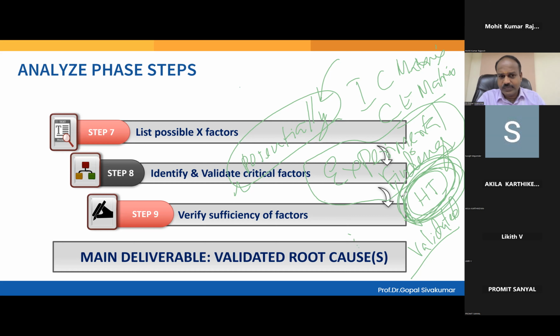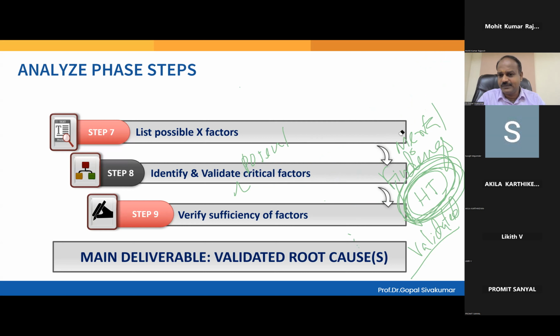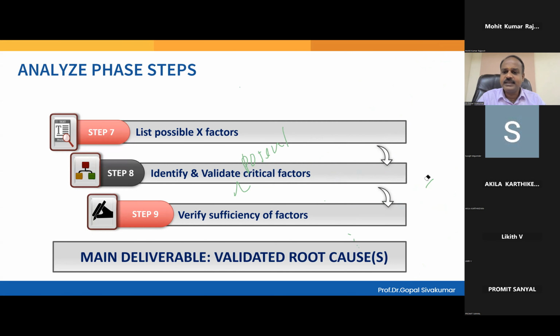Now all the validated factors are known as critical factors. When I call a factor a critical factor, it simply means that is the root cause. Out of the 10 potentially critical factors, after validation, I realize there are 3 critical factors now.